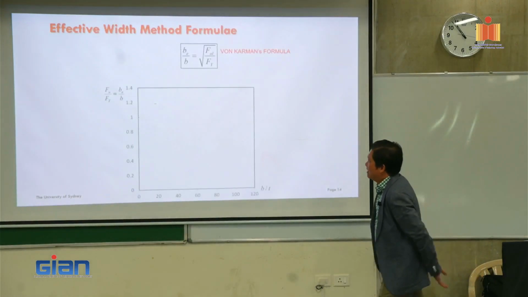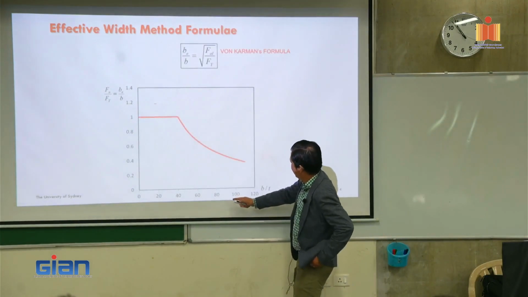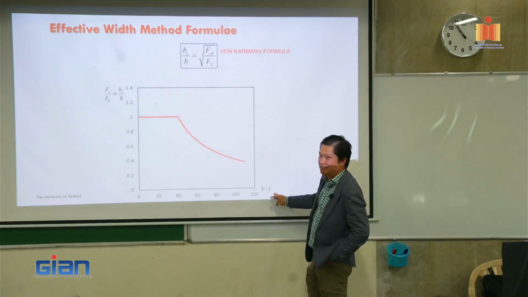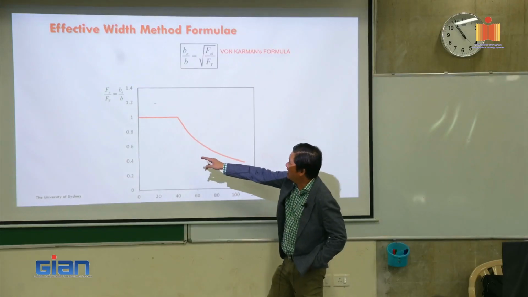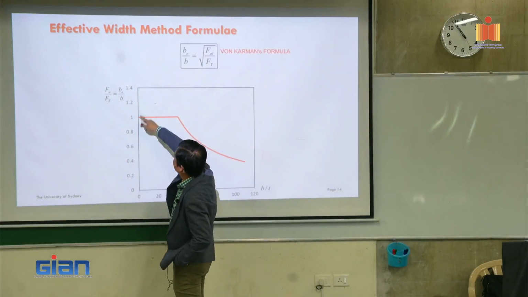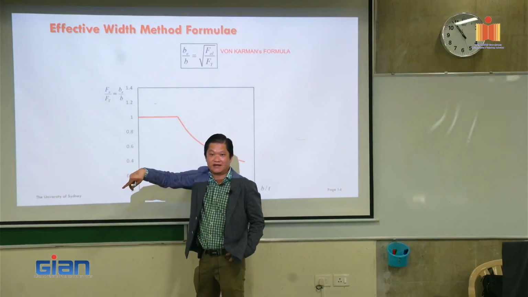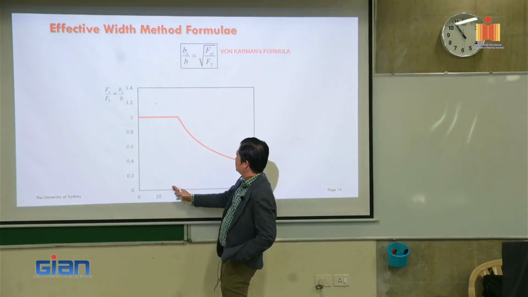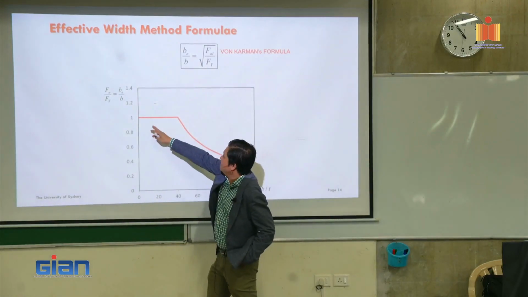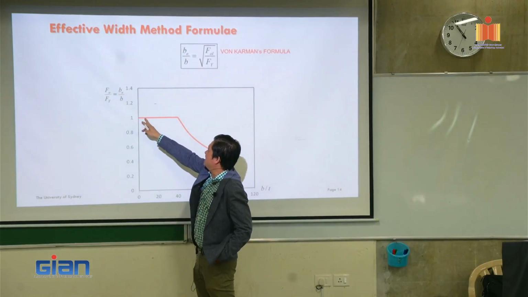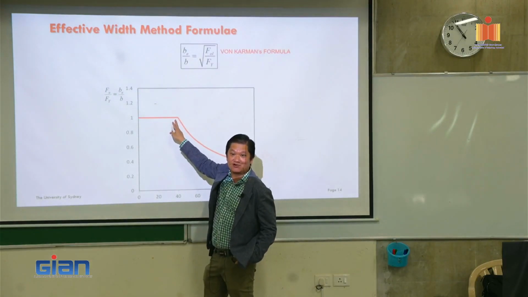Now, start from the von Karman equation where you can see b on t, the slenderness. And here is b_e on b. When it's very short, then b_e on b is equal to 1, it's constant. So what does it mean?